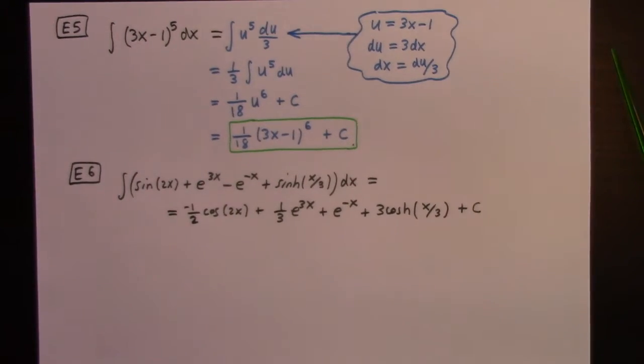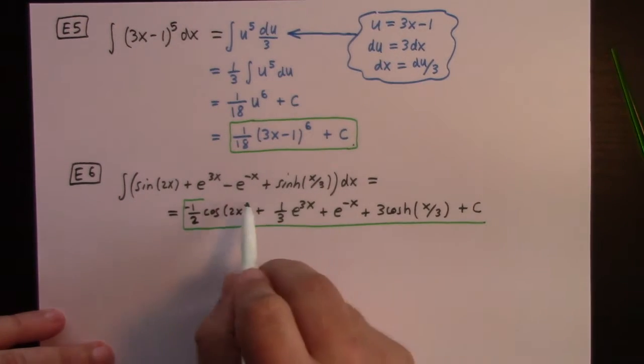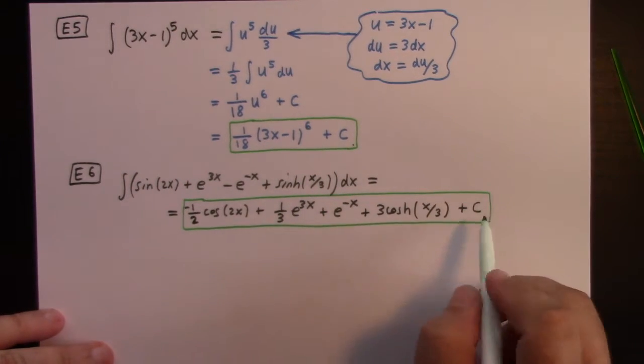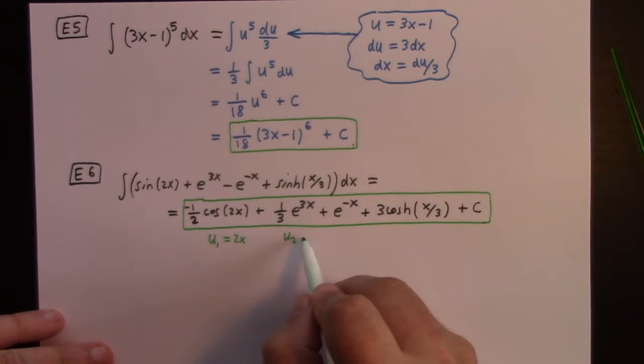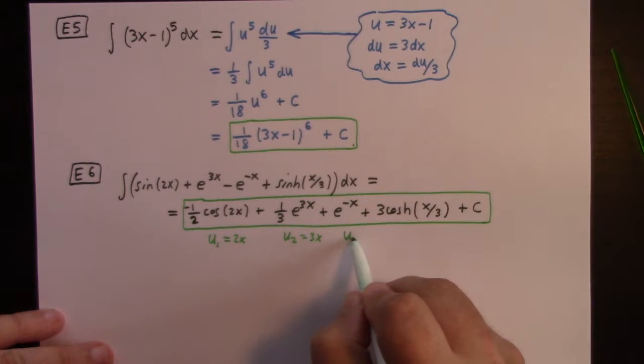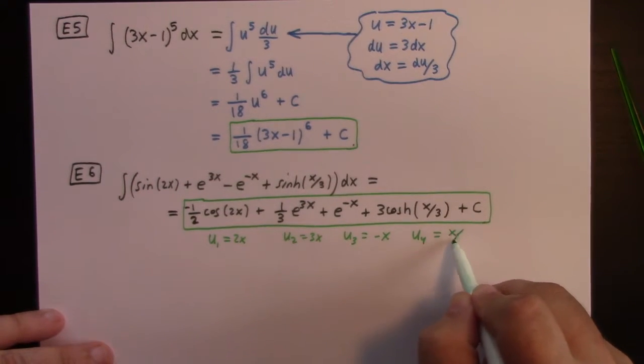Now, because this is a review, I'll be nice and tell you what the u substitutions I just made are. It's really not that complicated. This was from u1 equal to 2x, u2 equal to 3x, u3 equal to minus x, u4 equal to x over 3.